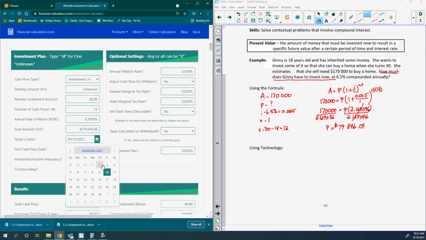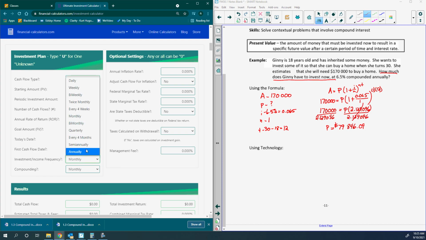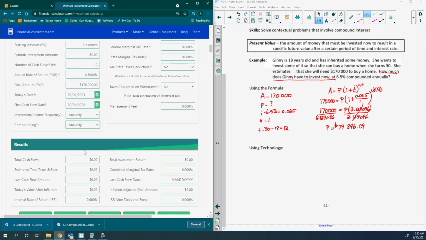For today's date, I'm going to switch to the first, and then it's annually. The first cash flow is going to be a year later, so 09/01/2022. I'm going to switch my drop-down tabs to annually, and it's compounded annually.